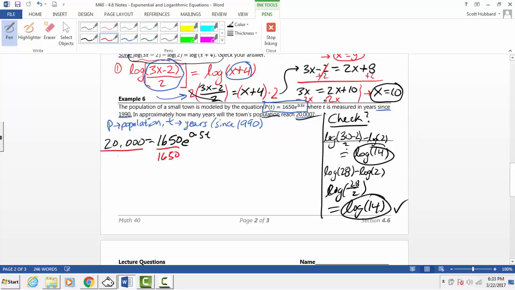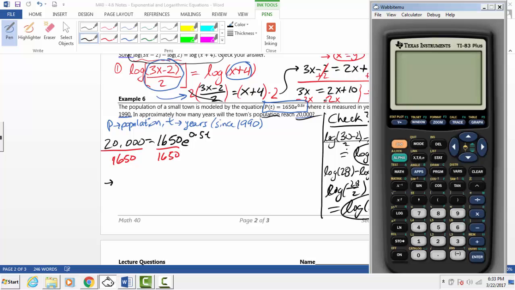Remember, step 1, you want to isolate the exponential. Okay, and so then I'm going to have to divide that, 20,000 divided by 1650.